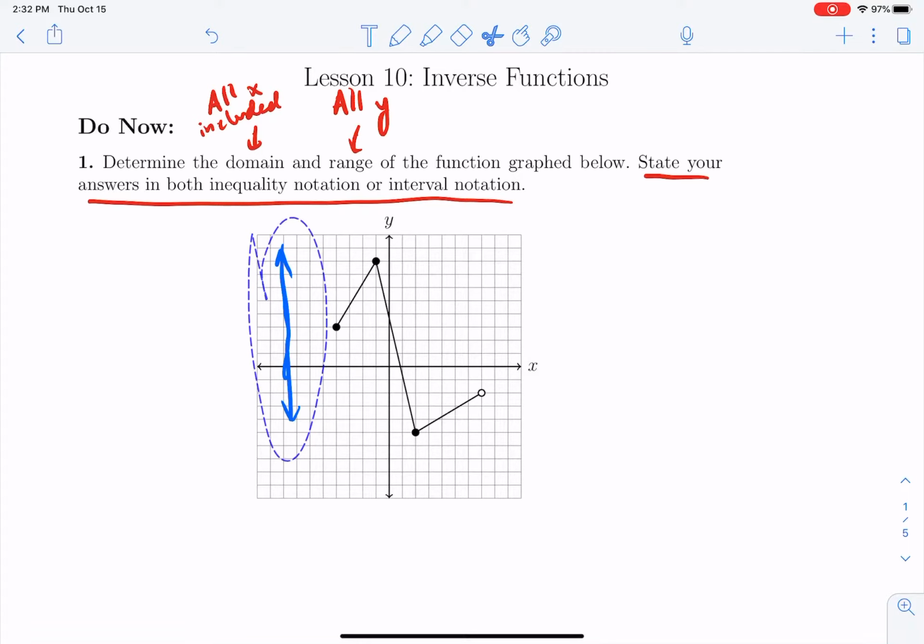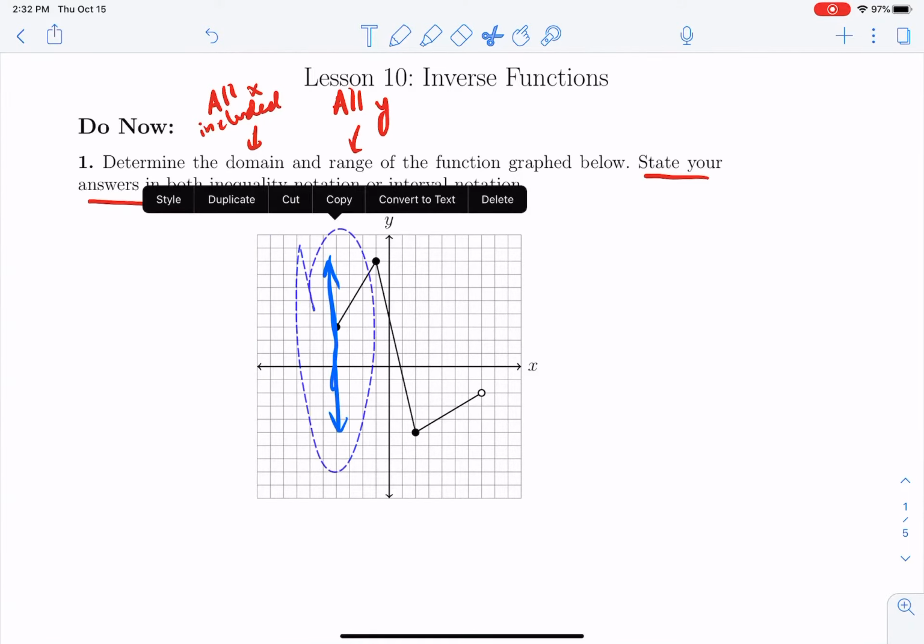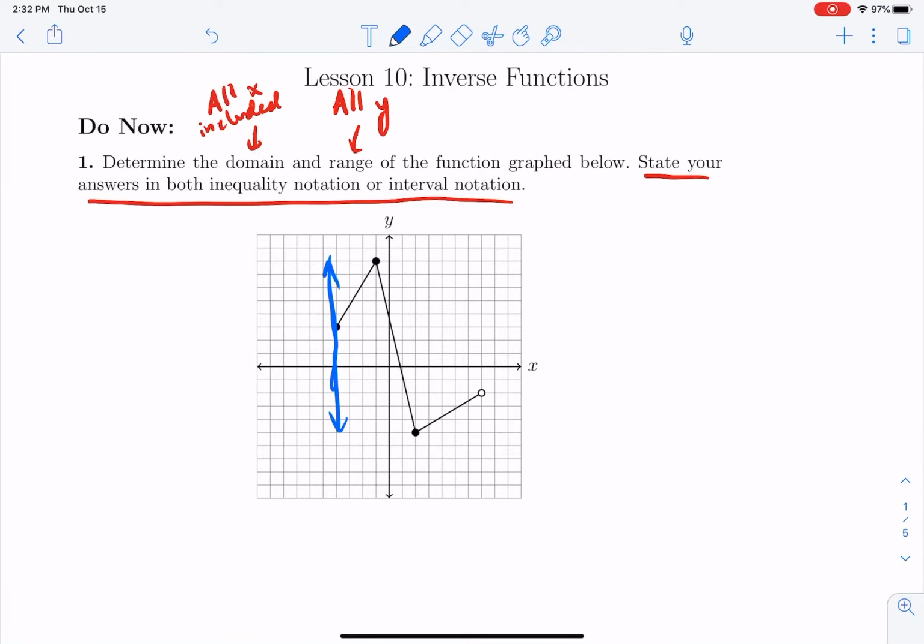Now the leftmost bound, again, this is the domain, and that occurs here. Domain, remember, is x. Because I see a filled-in circle there, I know that the lowest value is at -4, and I can say -4 is less than or equal to x.